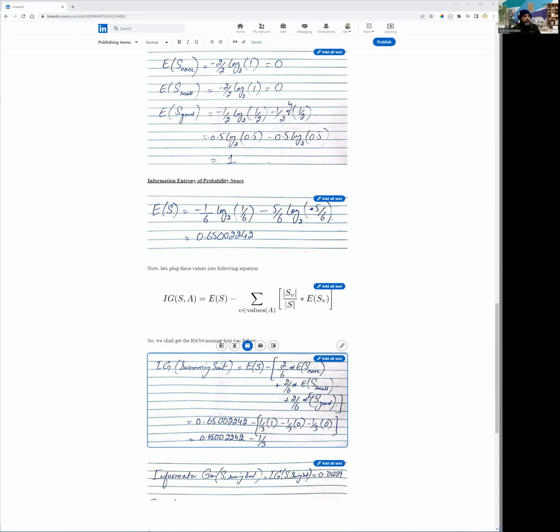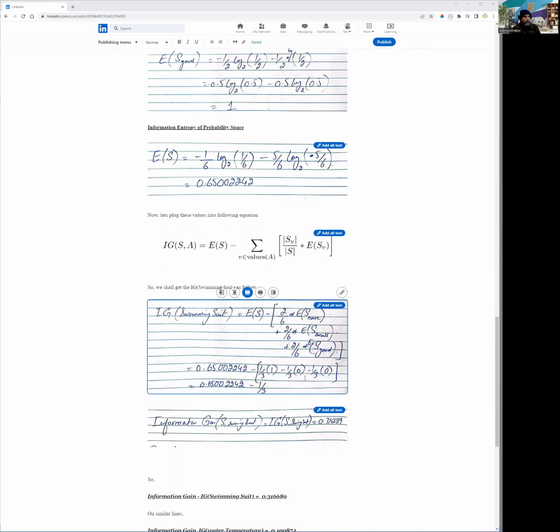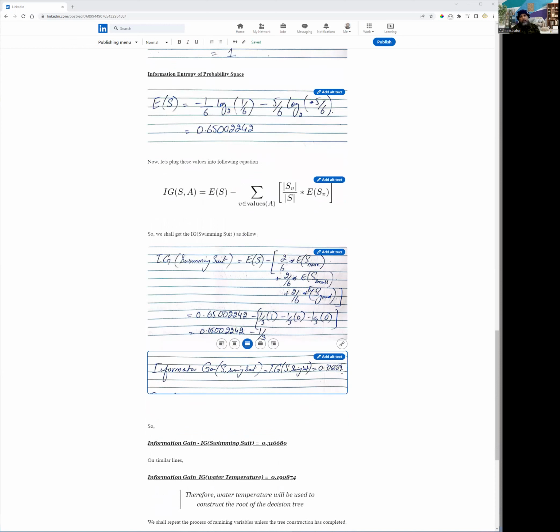So if you calculate all the values, you're going to end up with 0.65002242 minus 1/3, and if you divide 1/3 and subtract it from 0.65, we're going to end up with 0.316889. That's the process to calculate the information gain of one variable, right? So we have calculated it for swimming suit.